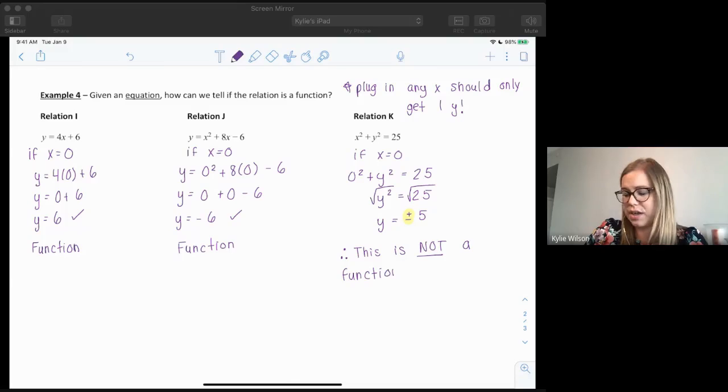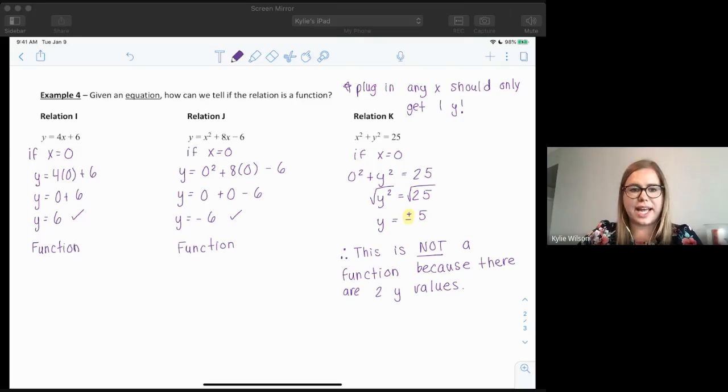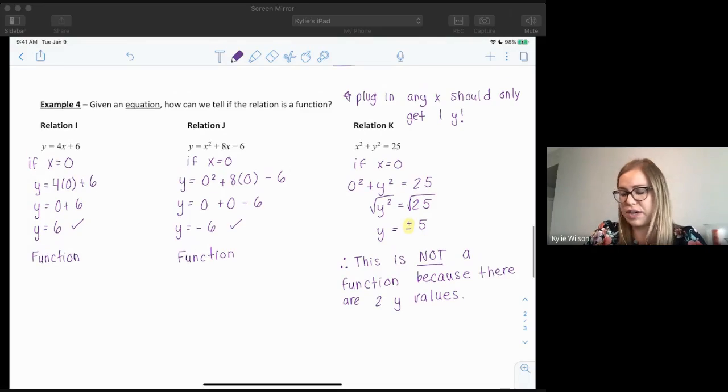And the reason it's not a function is because there are 2 y values. And that is our last thing that we need to know for our functions. Those are different ways of telling if it is a function or just a plain relation.